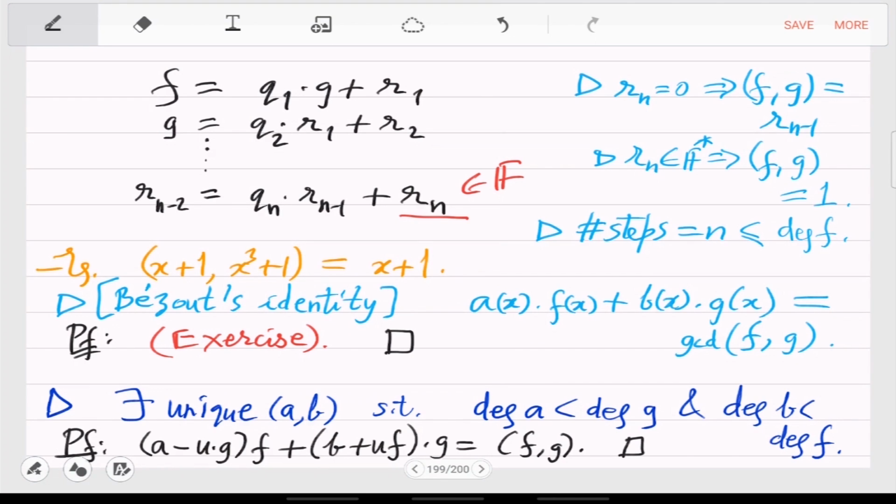So A will be replaced by something small, and you can show that B plus UF will also be small, because their combination has to be the GCD of F and G, which is small. So finish this proof. It will help you understand the definitions that you have seen till now. Yeah, so any questions till now?